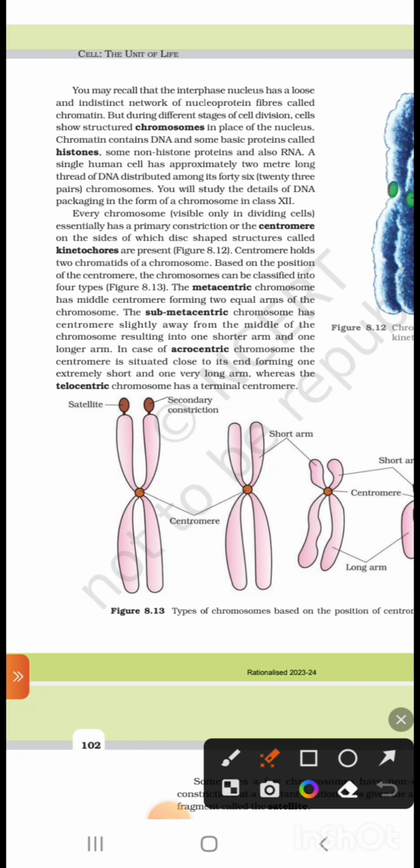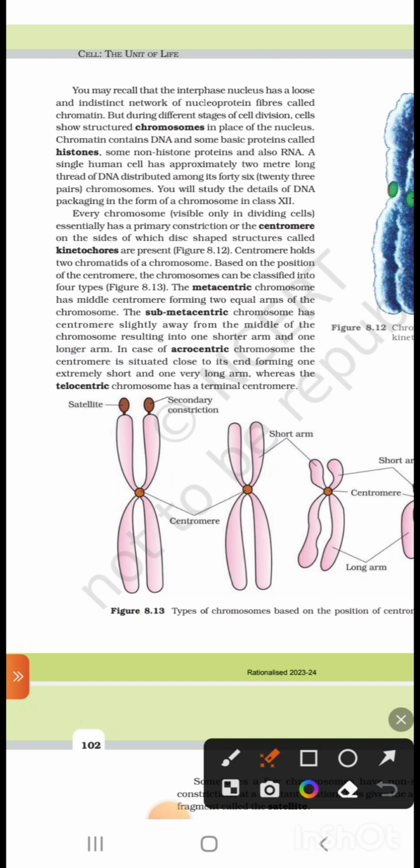Figure 8.13. The metacentric chromosome has a middle centromere forming two equal arms of the chromosome. The submetacentric chromosome has a centromere slightly away from the middle of the chromosome, resulting in one shorter arm and one longer arm.